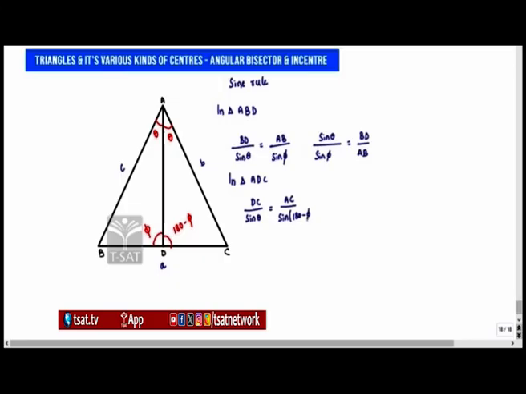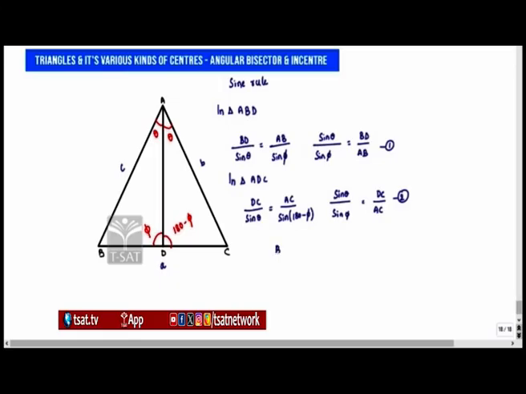We all know sin 180 minus phi is the same as sin phi. Therefore, sin theta by sin phi is equal to DC by AC.